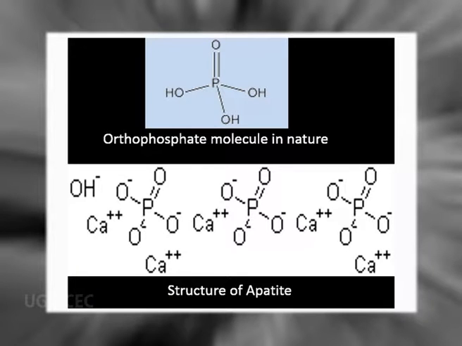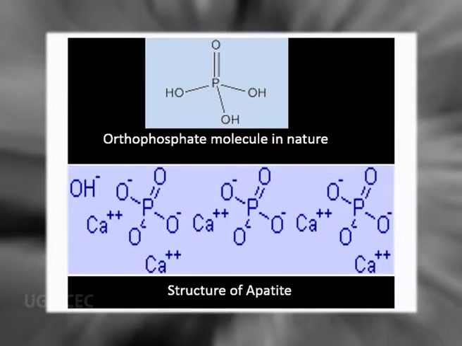But when it is present in the sediment, it is present in the form of a particular salt, which is calcium phosphate. You can very well see here the calcium phosphate is forming a chain-like compound, and this particular structure is called apatite.